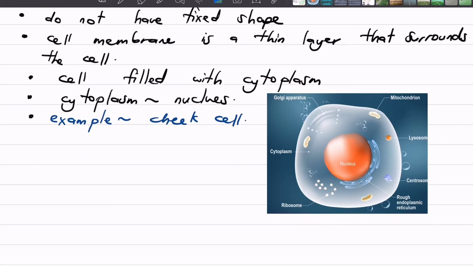Okay, so this is the cytoplasm. Mitochondrion. This is the centrosome, the rough endoplasmic reticulum, and this is the nucleus. Okay, so next is about the plant cell.